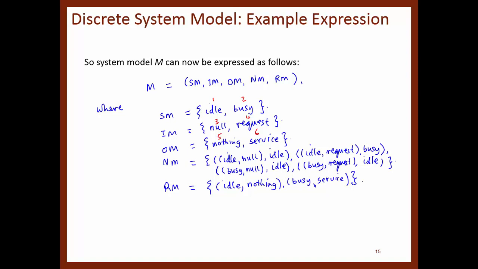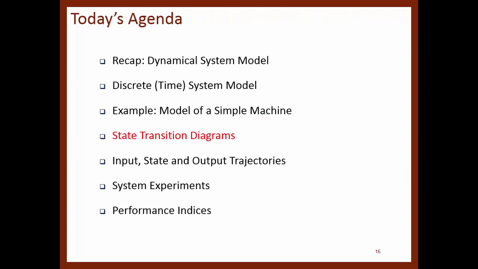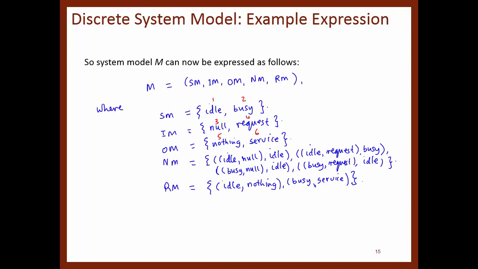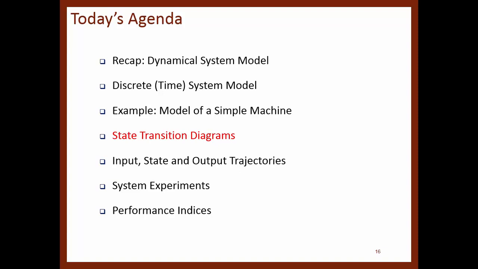So we went from defining this in terms of numbers to giving some definition to those numbers, and now we can see better what the model is trying to represent in terms of a machine. We can also represent this behavior using state transition diagrams.